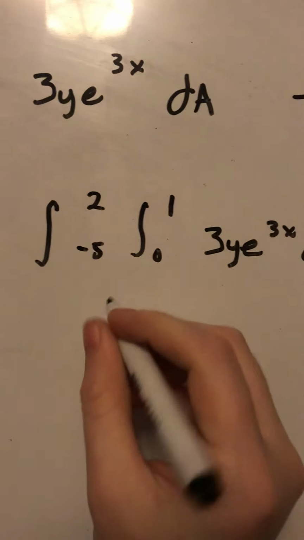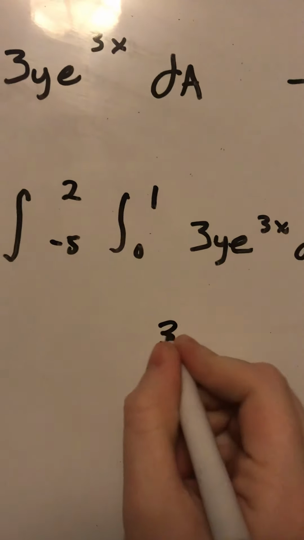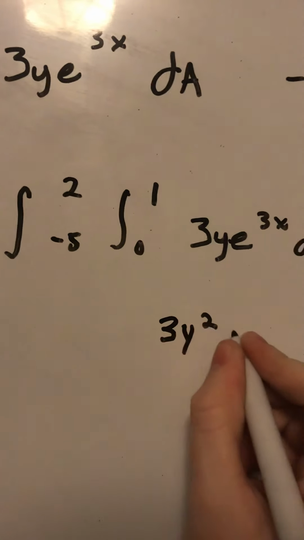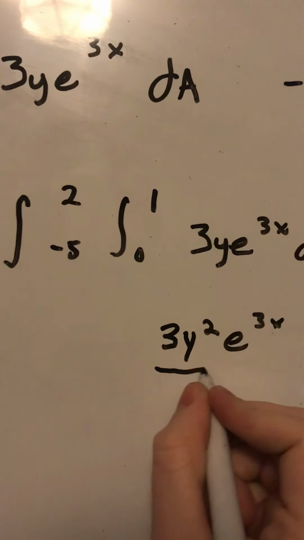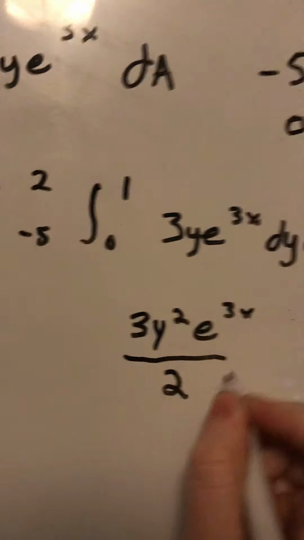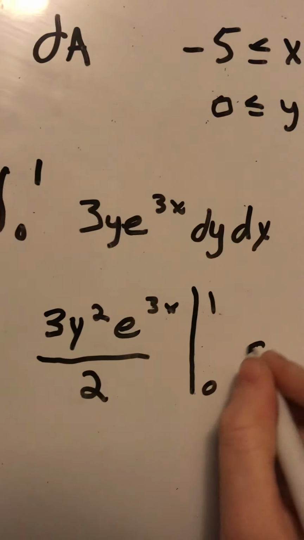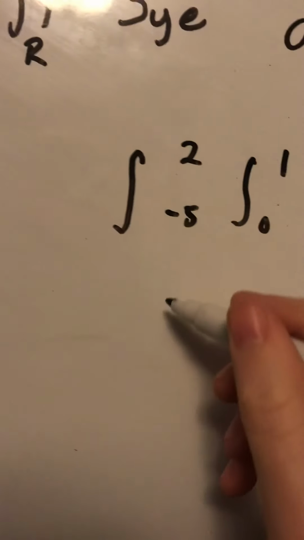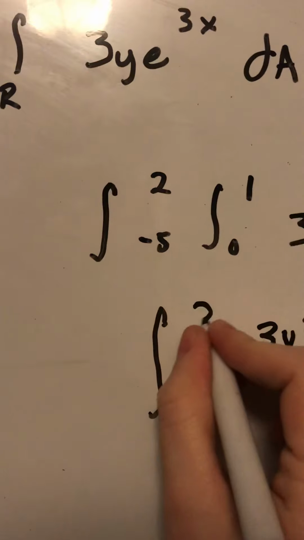So we have the integral here. So we have 3y squared e to the 3x over 2 evaluated from 0 to 1 dx, and this is going to be the integral from -5 to 2.